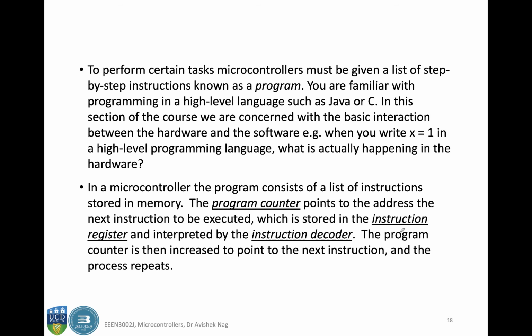So this is the first part. Then the program counter points to the address of the next instruction to be executed. The program counter first points to the first address where the first line of the program is stored, and then as the program gets executed, the program counter moves and points to the next address and then to the next, and so on until the program stops executing.